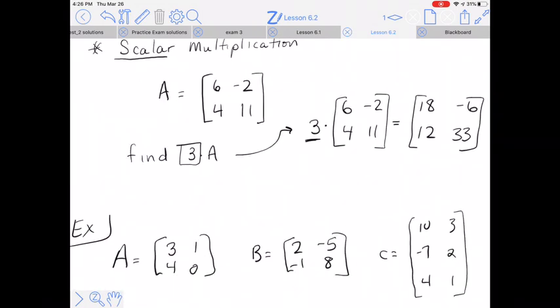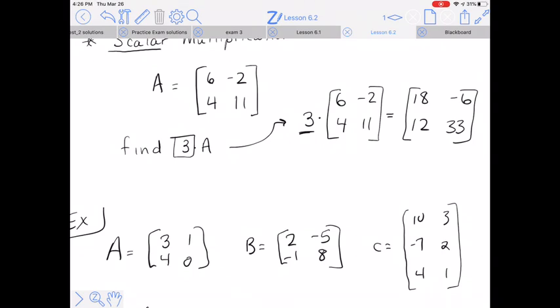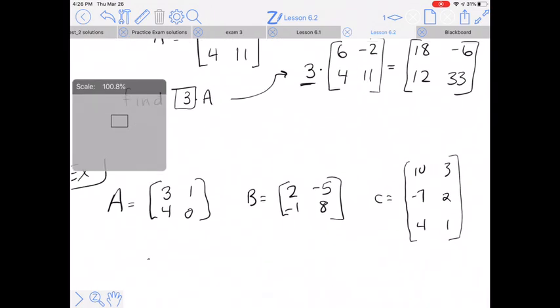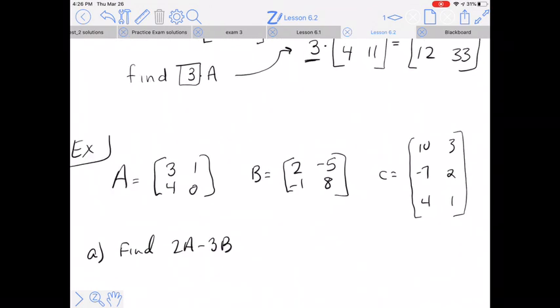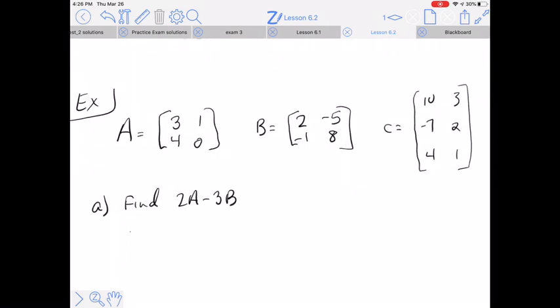So an example here, got 3 matrices, A, B, and C. So for part A, we're going to find 2 times A minus 3 times B. So first thing we want to double check is sometimes the answer here is not possible because we can't add or subtract matrices if they're different sizes.